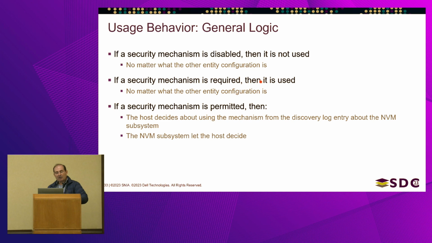And so the general logic of the usage behavior that we defined is basically this one. If a security mechanism is disabled, it doesn't matter what the other entity's configuration is, the security mechanism is not used. If you are configured to not authenticate, you will not authenticate. End of story. Instead, if a security mechanism is required, it has to be used, no matter what the other entity's configuration is.